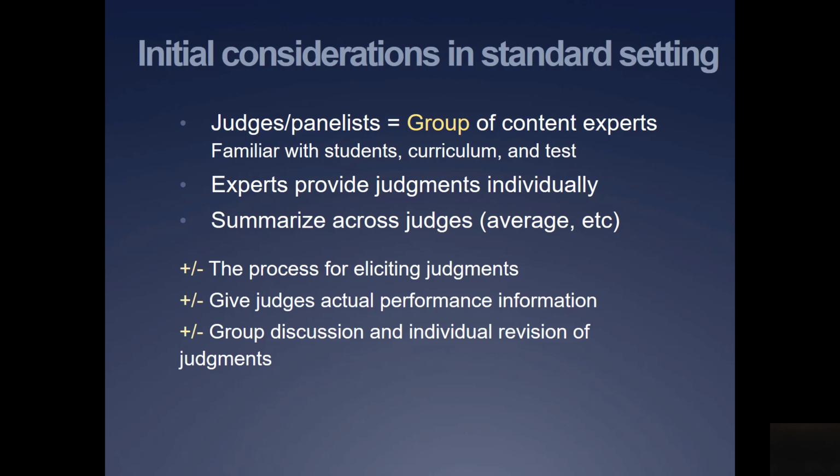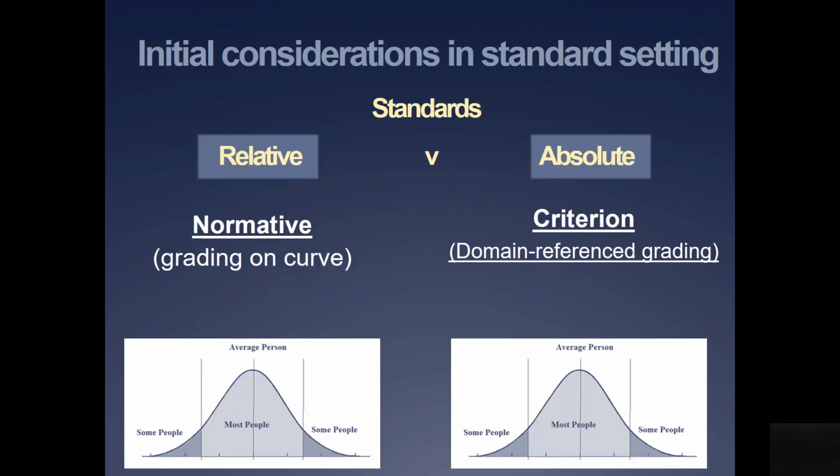We do it with and without. We also have group discussion and revisions of judgments based on that discussion. So there is a little bit of flexibility along the way, but for the most part, processes are fairly consistent, with some nuances.